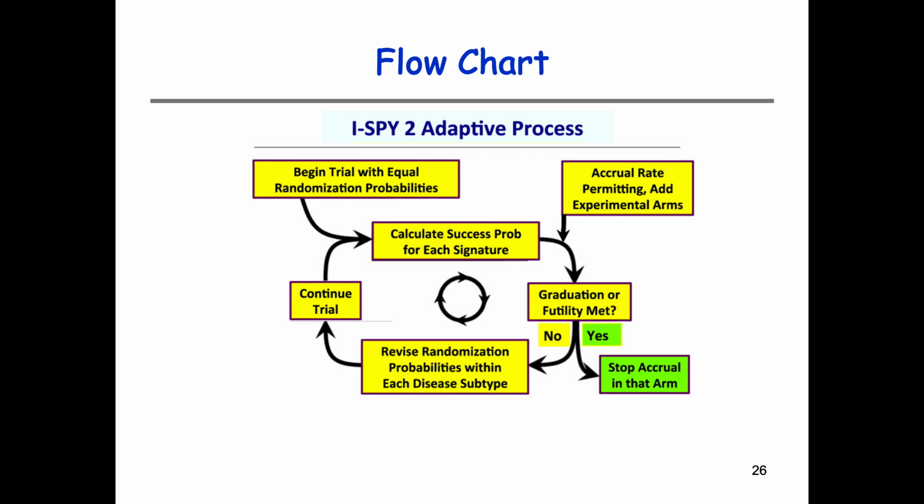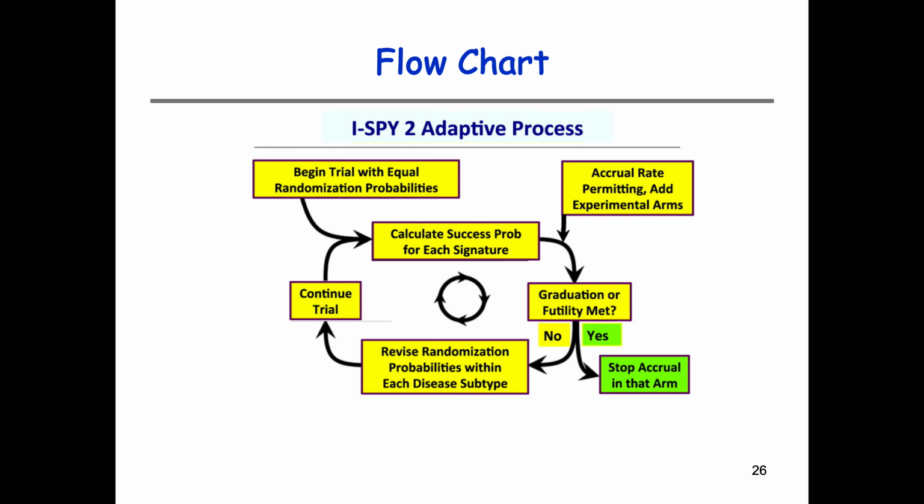So the flow chart for I-SPY2, it's an adaptive process. Several agents from several sponsors are entered, and they begin the trial with equal randomization probabilities. Now we calculate the success probability for each signature, each subtype. Now, this is done with Bayes, with the Bayesian posterior I said before.